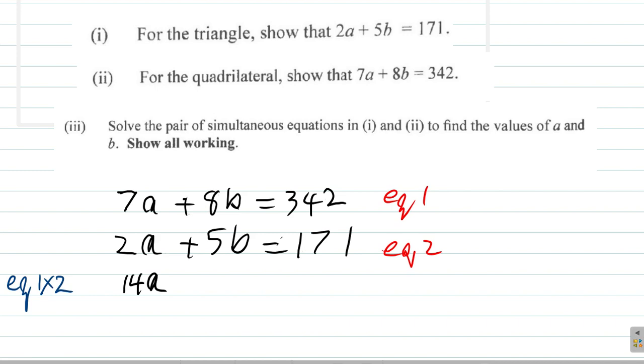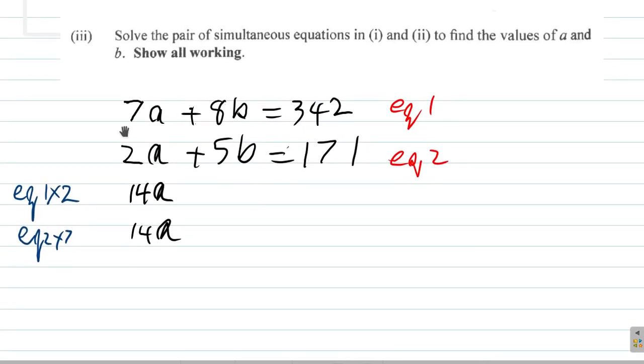And suppose you say equation 2 times 7, that would give you 14a as well. So if you subtract these 2 new equations, you're going to get 0a. You eliminate a. You see that? So let's deal with that method.